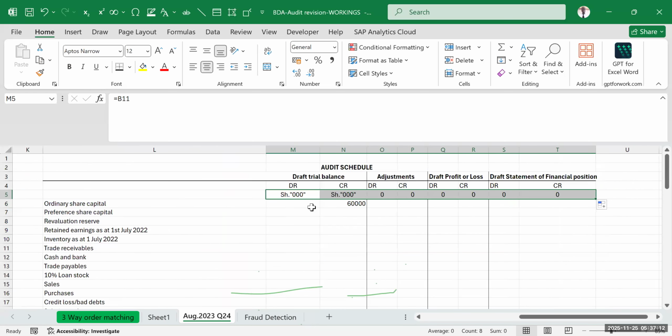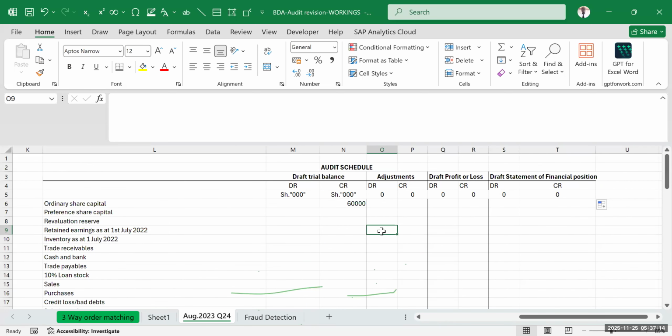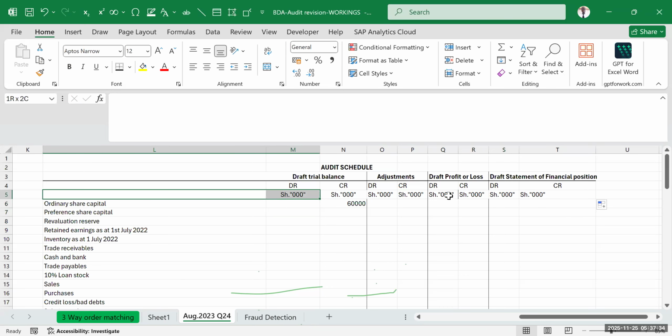That will be very important, because if you don't give that level of precision, then somebody will assume the figures that you are giving are just like that without the thousand bit of it. So I just want to autofill them like that.